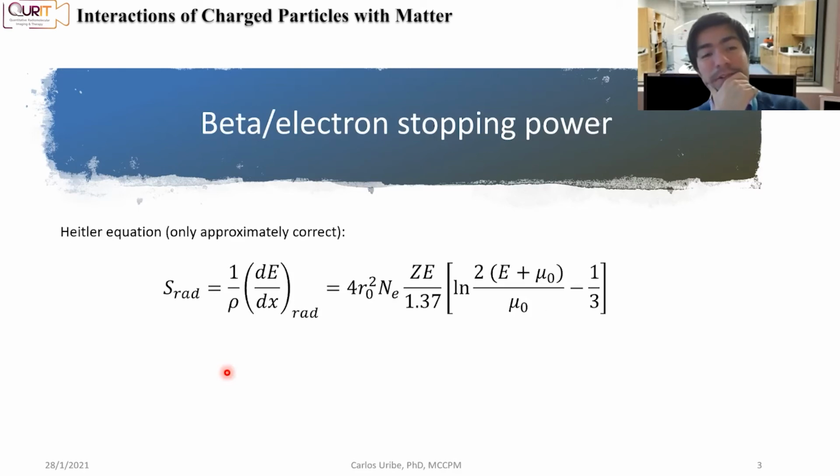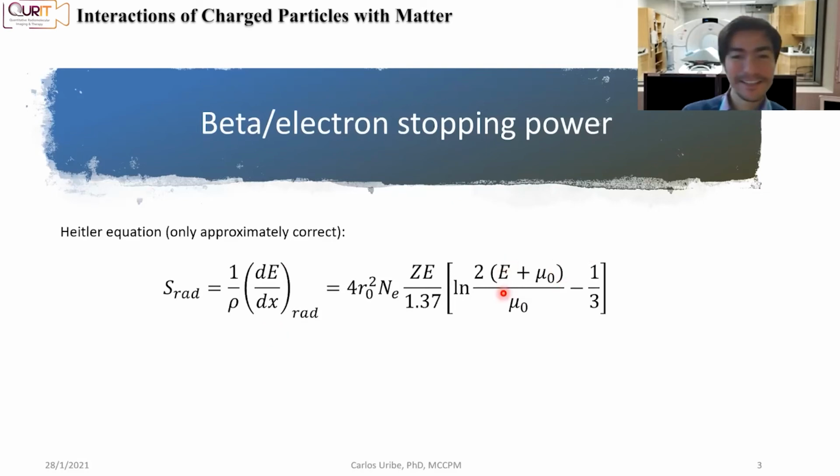If you look at the Bremsstrahlung emissions, and this is just an approximation, it's called the Euler equation. It's only partly correct. You can add more and more terms to make it more precise. But for the radiative part of things, it looks like this. So you have a term, again, the energy of the particle, the mass.